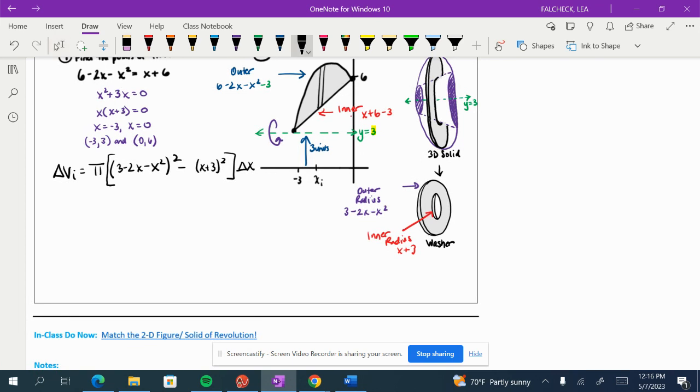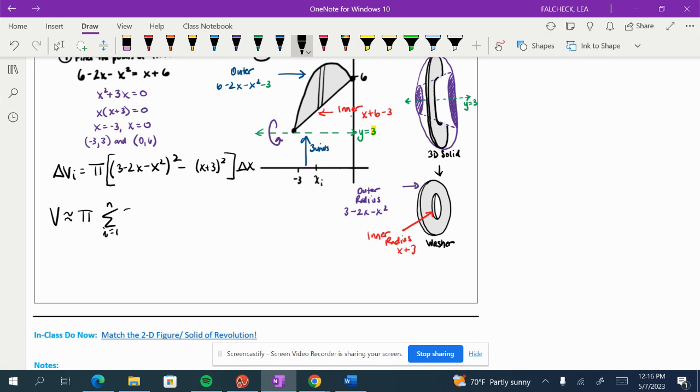Now we are going to set up our Riemann sum, where we add up all these washers and see if we can approximate a volume. We've got pi out front, and we are starting when the number of washers is 1 and going all the way up until we have n washers. I'm going to expand the 3 minus 2x minus x squared, squared, expand the x plus 3 squared, and then combine like terms.